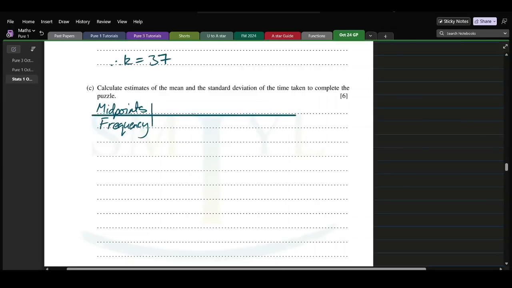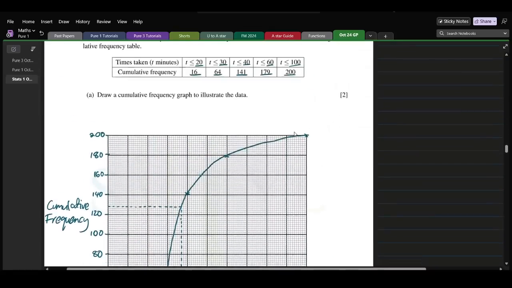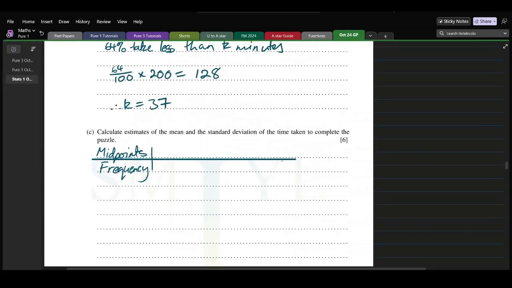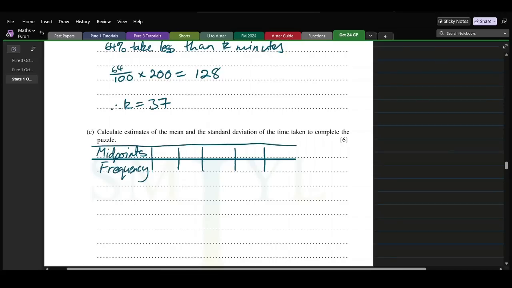How many classes do we have? We've got 5 classes, so 1, 2, 3, 4. Alright, and then let's complete our table. Obviously use a ruler.